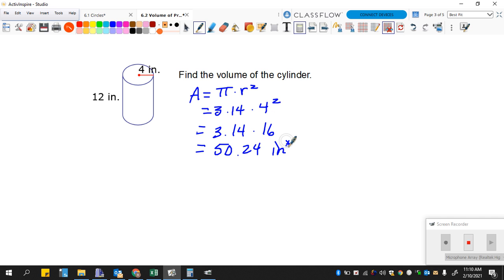So the area is 50.24 square inches. And now when you have to find the volume, you take the area times the height.